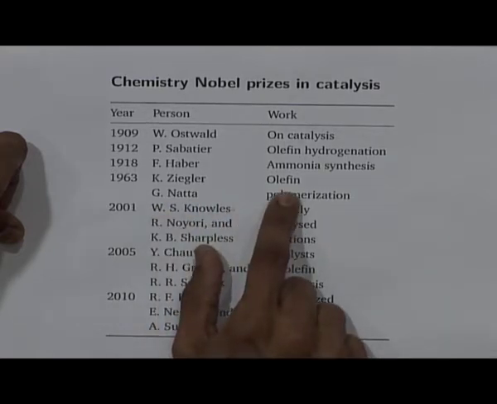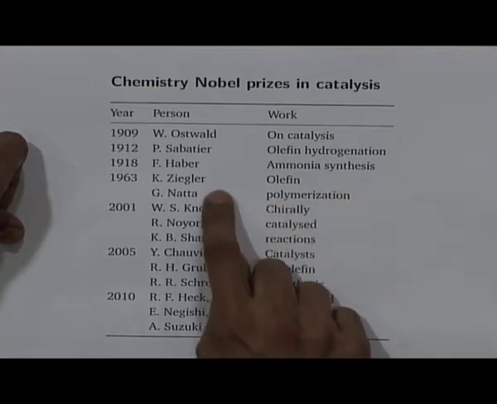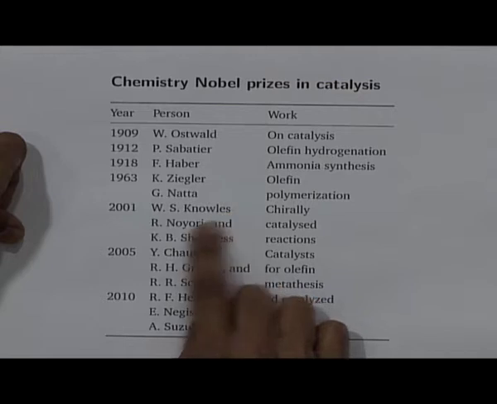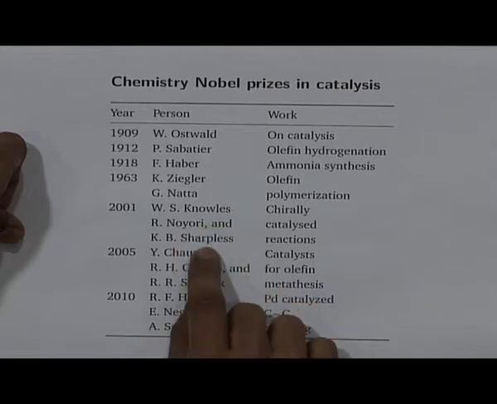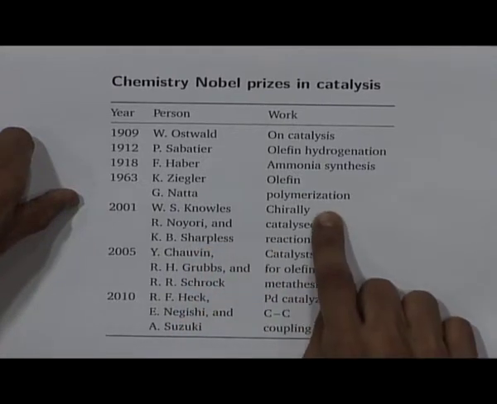So, polyethylene, for example, is mass produced using the catalyst that was developed by Ziegler and Natta. Knowles, Noyori and Sharpless more recently, almost 2 decades ago, for chirally catalyzed reactions.